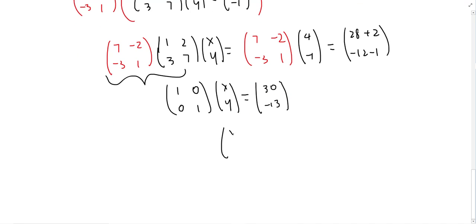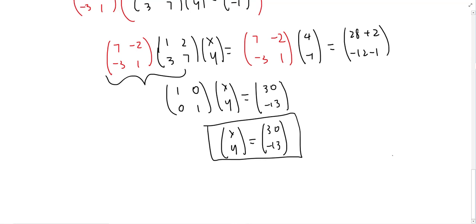You simply get x, y. So therefore, now I give you the answer. In this case, the solution is 30, negative 13. Notice this process is a lot quicker than doing the reduced matrix method. But of course, the problem is that this rests on the fact that you can find the inverse quickly.